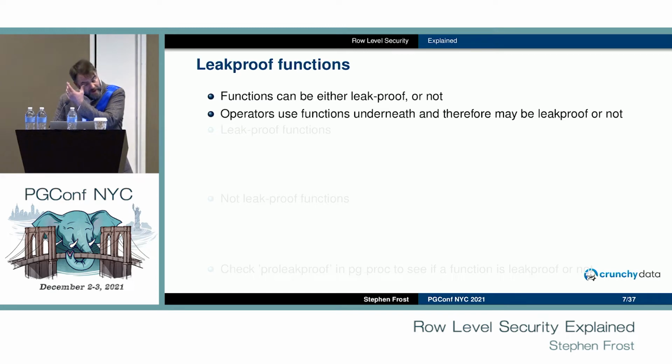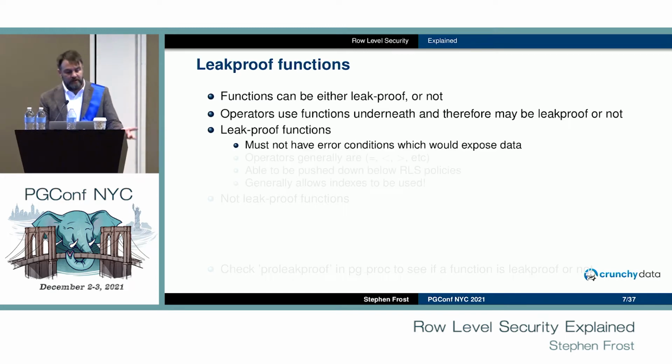So why does this all matter? Well, leak-proof functions must not have any error conditions that expose data. What this means is that I can use this function against a column of a table, and nothing in that table will cause that function to spit out information about what is contained in that table. We don't want this error case to be potentially used to expose data.